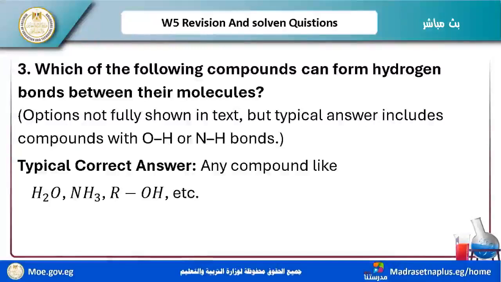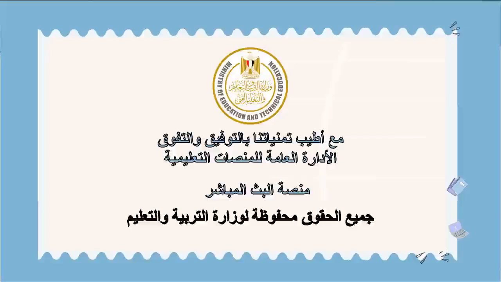I have H2O and NH3 only, because H2O has O-H, NH3 has N-H, and ROH has O-H, so these form hydrogen bonds. Now, thank you for listening, and now I have finished our session.